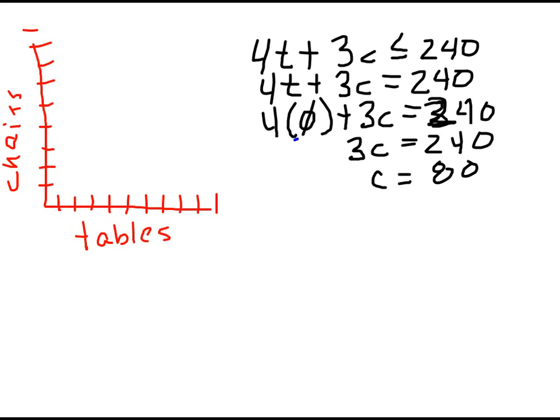So if I graph this now, x is equal to 0 because this is tables. So if 0, and then c equals 80. So 10, 20, 30, 40, 50, 60, 70, 80. And I end up with a spot right there. So that's when I solved for c by substituting 0 for t.